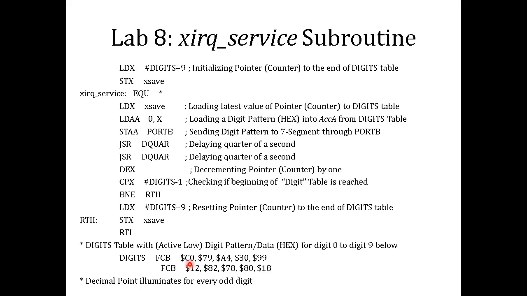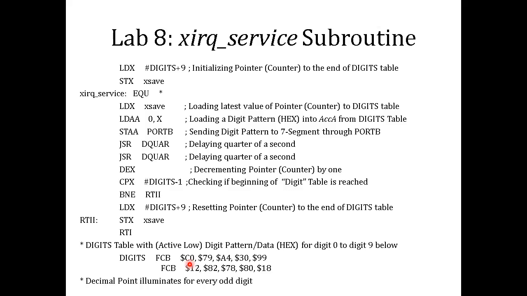Now think about digit 0. To turn on digit 0, you will be turning on every single segment except the middle one, right? That middle one is your G, which you are turning off, because G is 1.